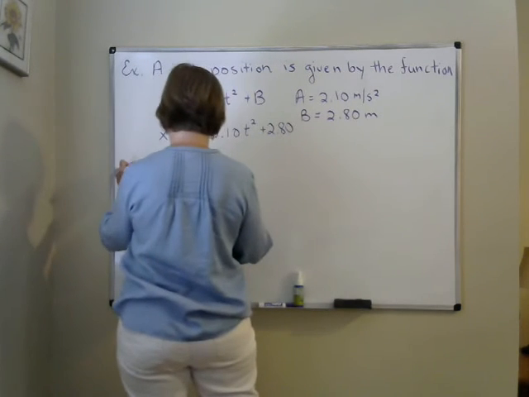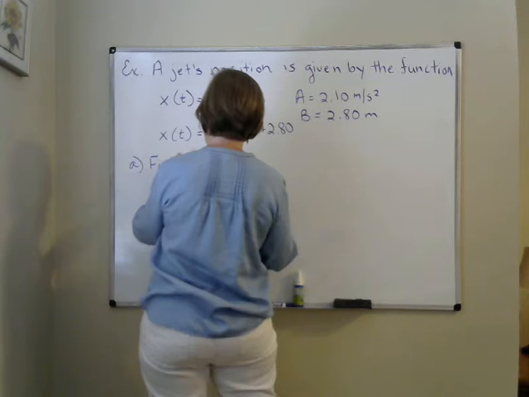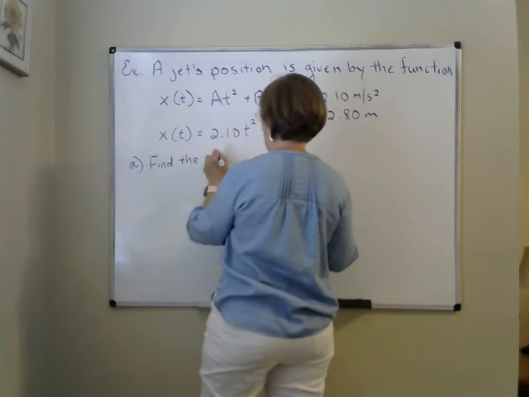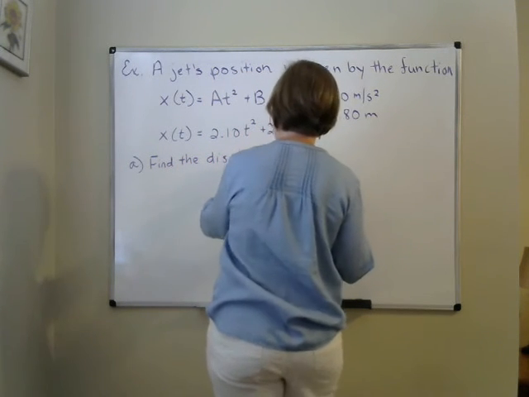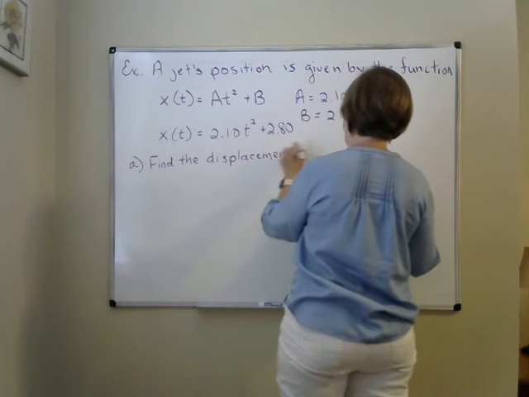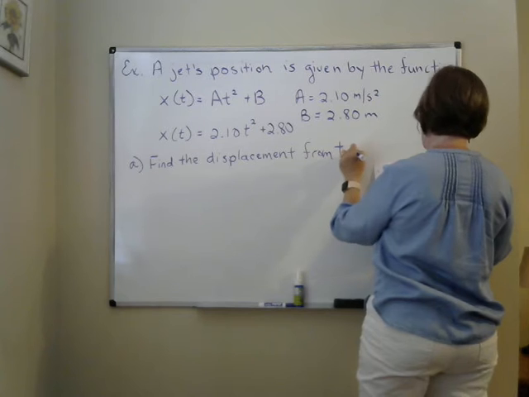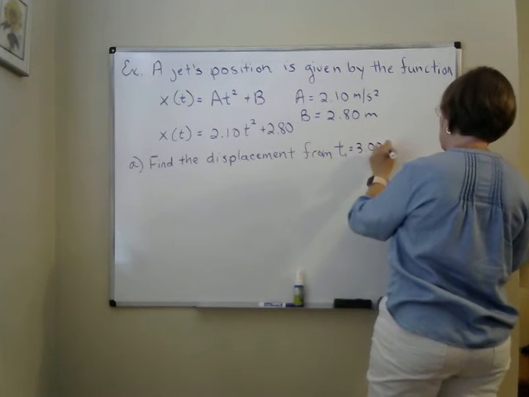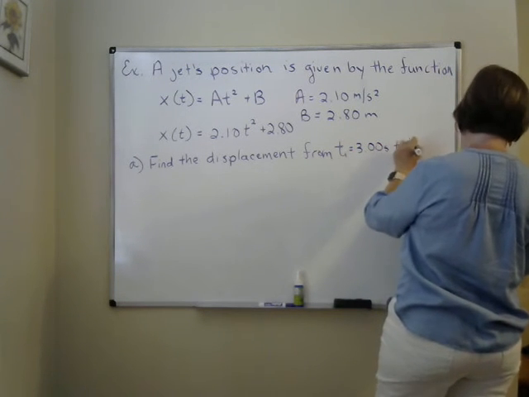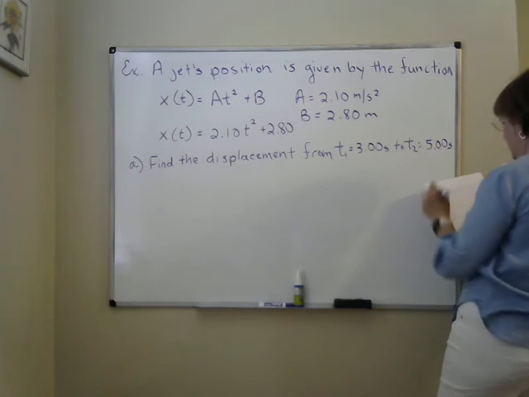First question says, find the displacement from t1 equals 3 seconds to t2, which equals 5 seconds.